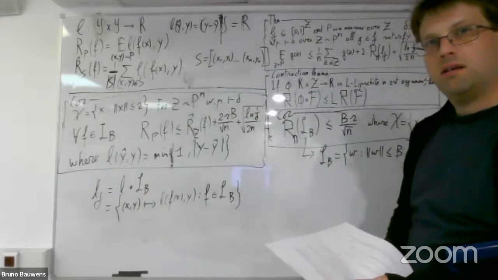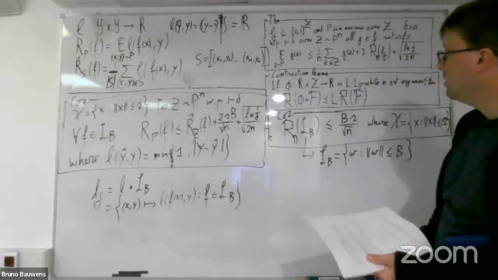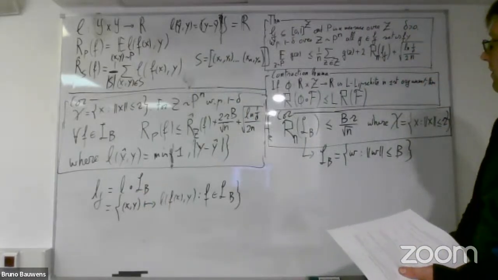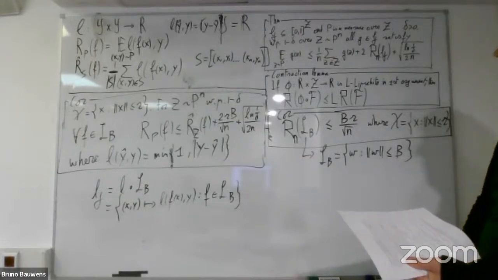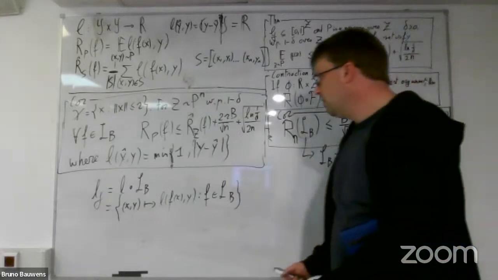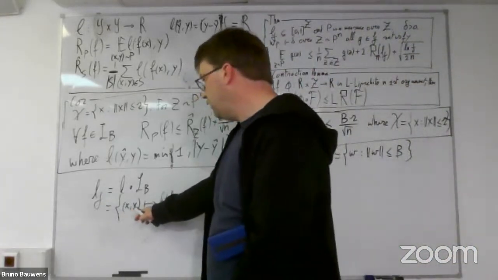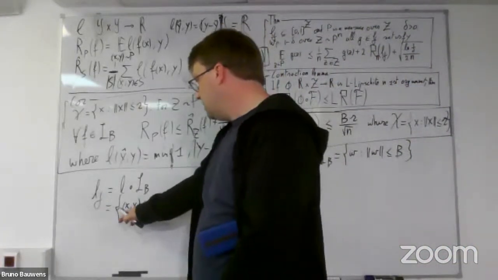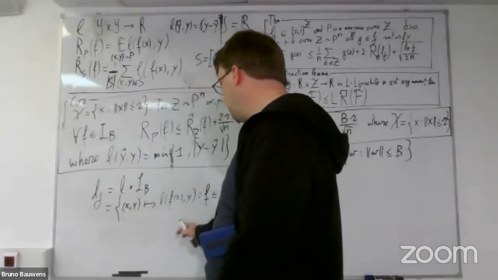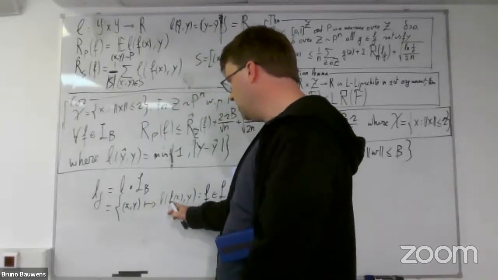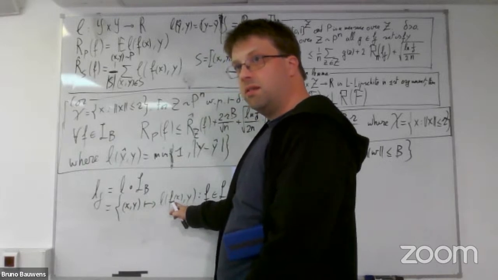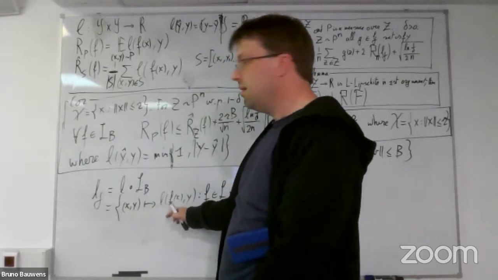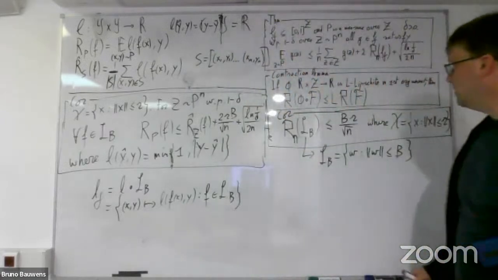Why do we need that phi is from R times Z? Well, look here. Z is this pair of inputs, and we use the inputs, but also the value of the function.